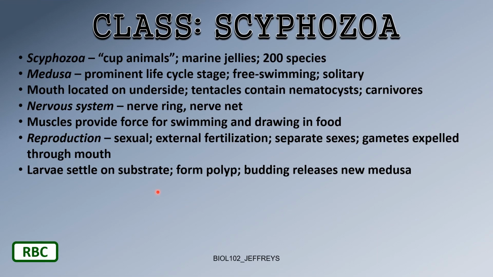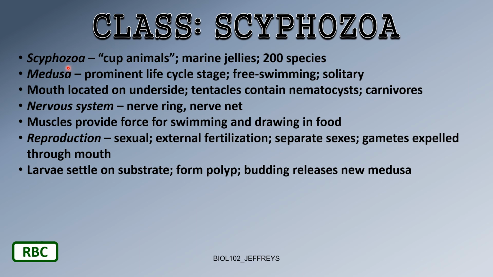All right, now within the phylum Cnidaria, we have a class called the Scyphozoa. Now, Scyphozoa means cup or cup-shaped animal. And this includes your jellyfish or sea jellies, and there's about 200 species of them.